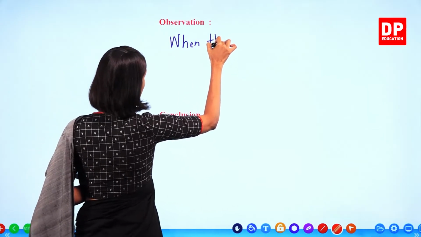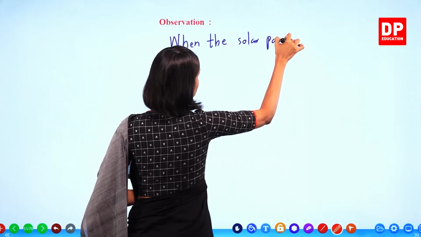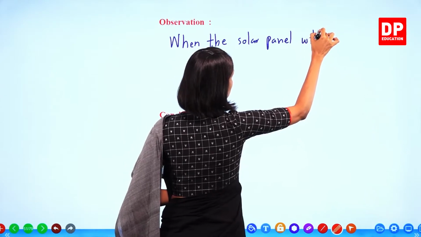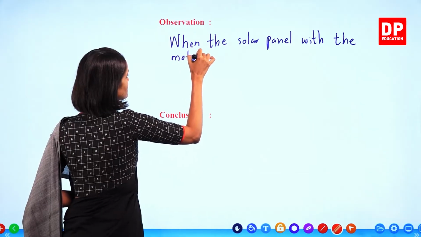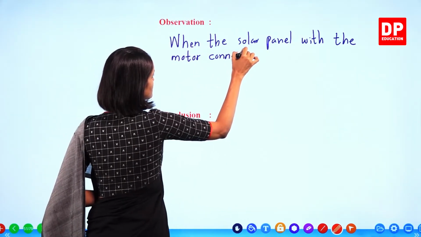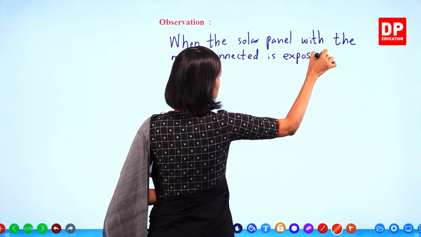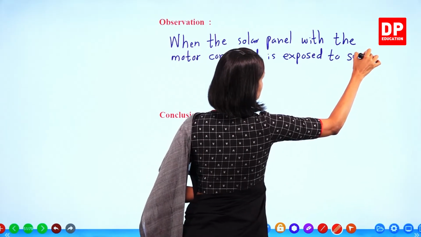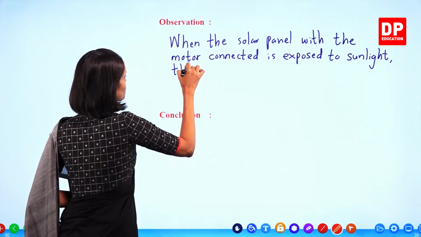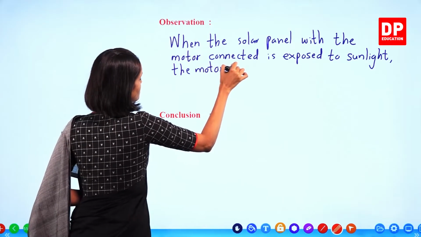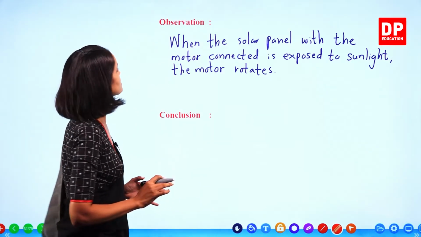When the solar panel with the motor connected is exposed to sunlight, the motor rotates. Right?